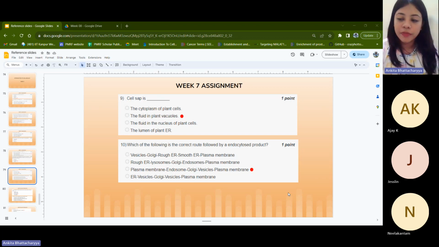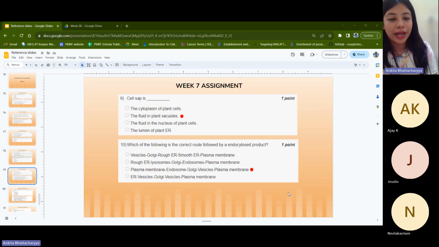For its entry, because it is not able to enter by itself, you need a carrier. You need some sort of package or protective environment. So in this case, that package is an endosome. That endosome is simply a membranous structure.